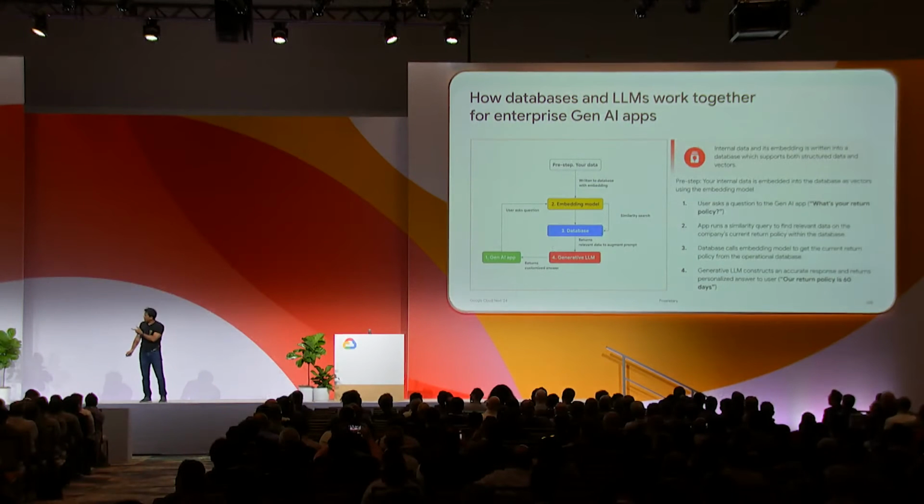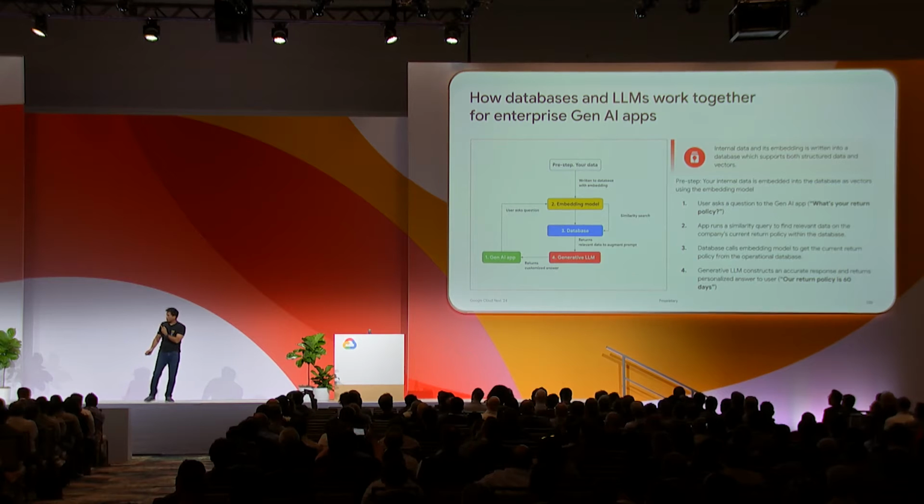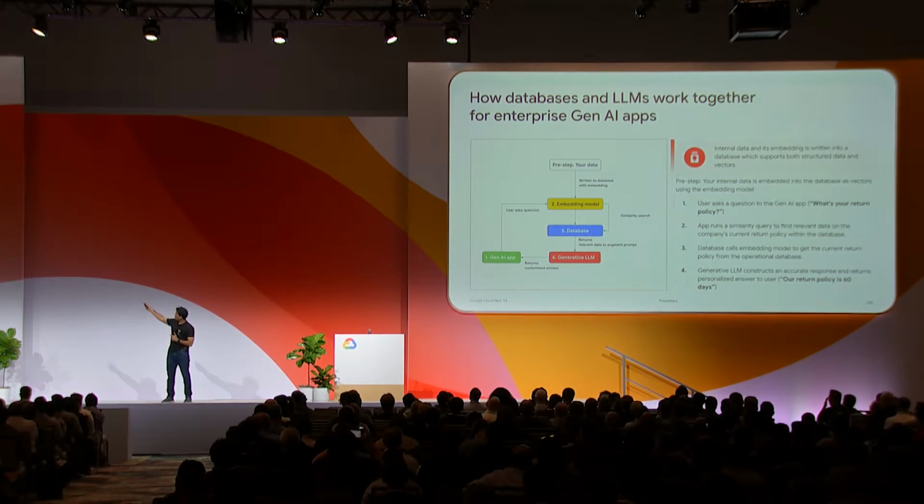That data is then added to the prompt, which is then sent to the LLM as well. Our question over here was, what's your return policy? The query comes back, it calls the model. Because the return policy is specific to your enterprise, it returns, our return policy is 60 days. That is then taken and added to your query before it sends it.